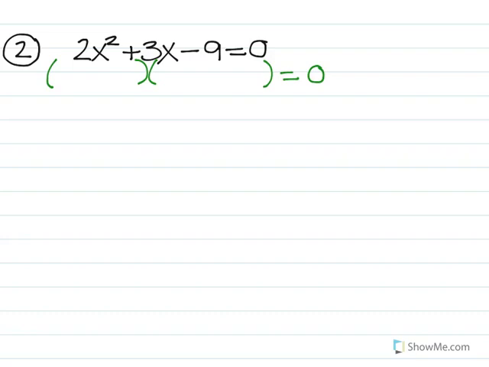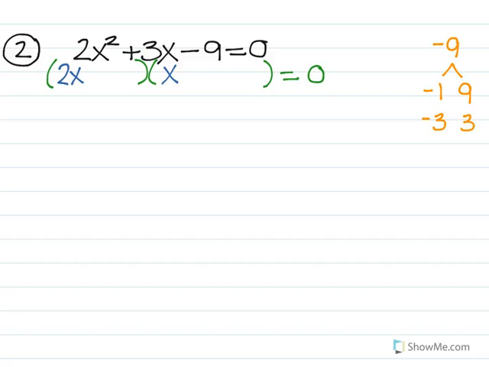So that a term is 2, and then it has x squared attached to it, and the only way that you can break up 2x squared is by 2x and x. Then you're going to list all of your factors of c, which in this case is negative 9. So you're going to have negative 1 and positive 9, negative 3 and positive 3, and we've hit them all.